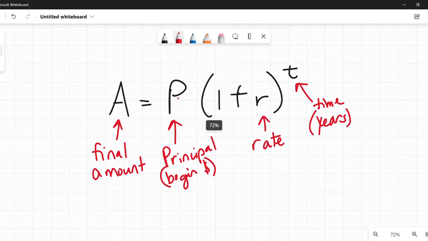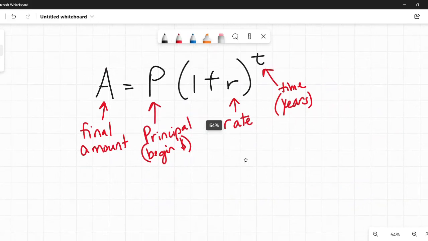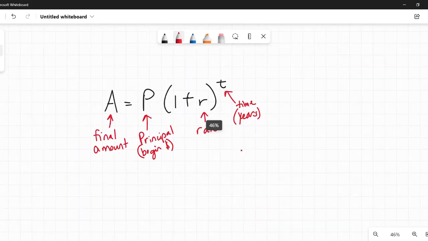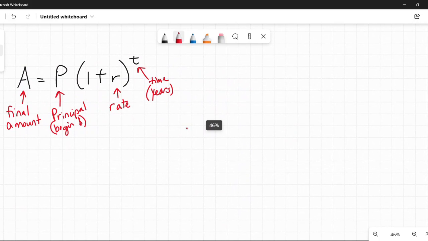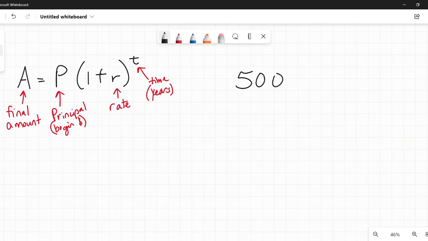Okay, so where did this come from? Why does this work? So I'm going to put it up over here to the side for just a minute. Let's imagine that someone has $500 and you had this magical bank account that pays you 5%.